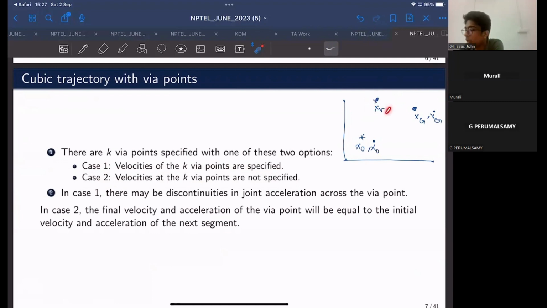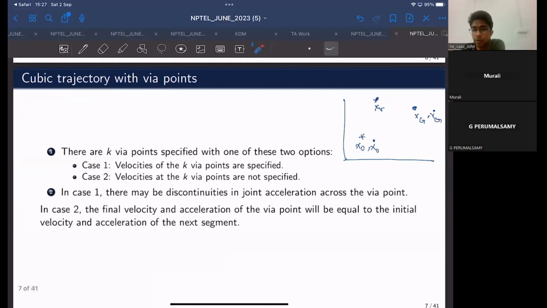In one case, we also specify the velocity of the via point; in the other, we don't. If we are specifying the velocity of the via point, we can have two cubic polynomials: between x0 and xv, that is one cubic polynomial interpolation, and between xv and xg, a second cubic polynomial interpolation.